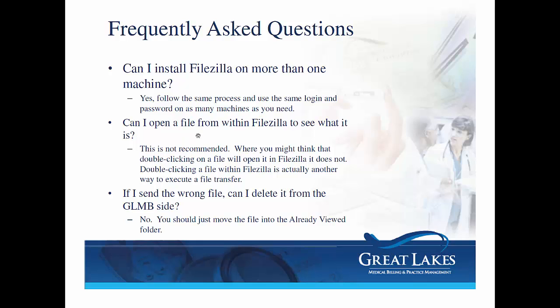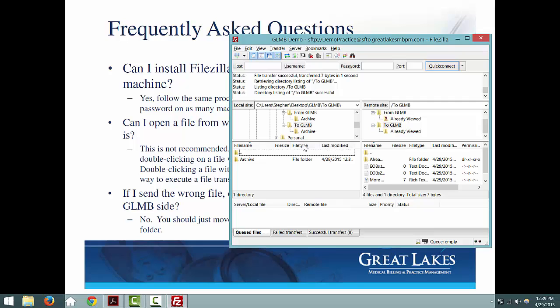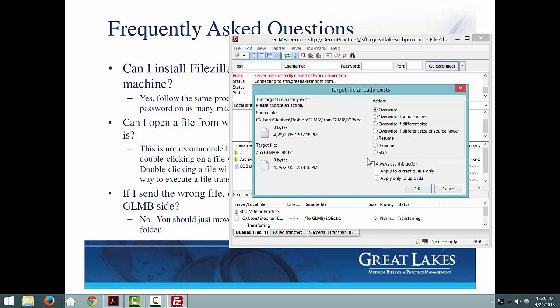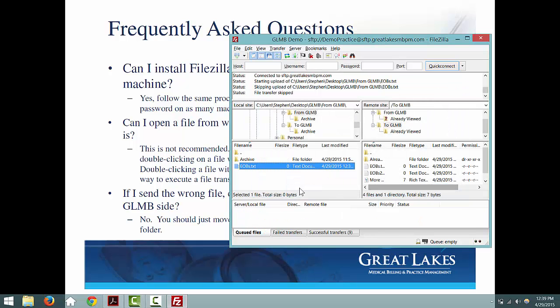Can I open a file from within Filezilla to see what it is? Well, that's a good one. Actually, one of my early learnings was, you don't want to do that, because your natural reaction is to say, oh, I got a file from Great Lakes, what is it? And you double click it. Okay, and you double click it.